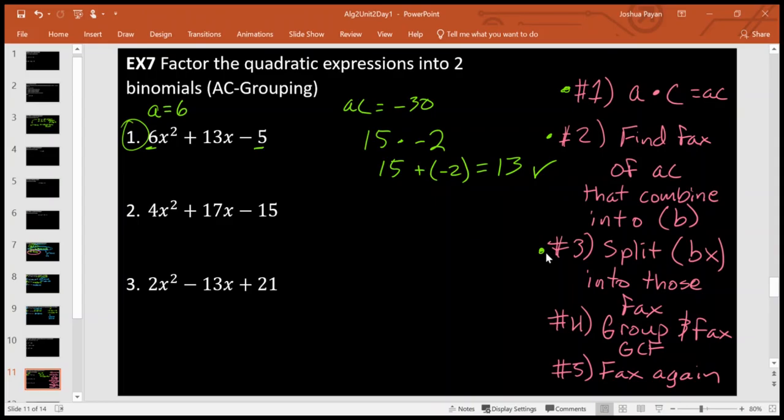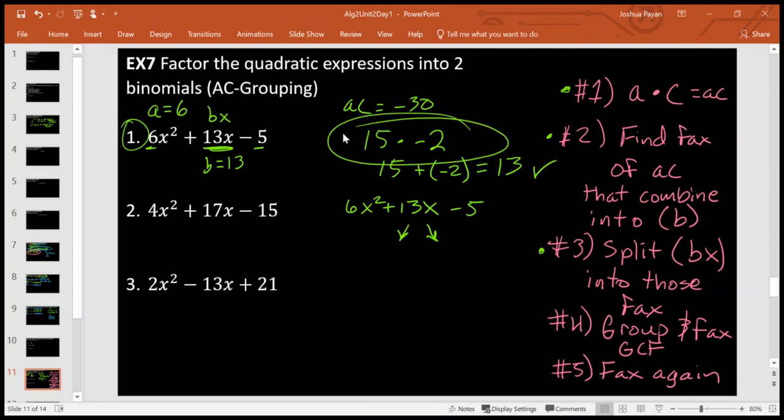Step 3, split Bx into those factors. In this case, this right here is Bx, right? B is equal to 13. So I'm going to have 6x squared plus 13x, that's Bx, minus 5. I'm going to split Bx into those factors. So I'm going to split it into these two numbers here.